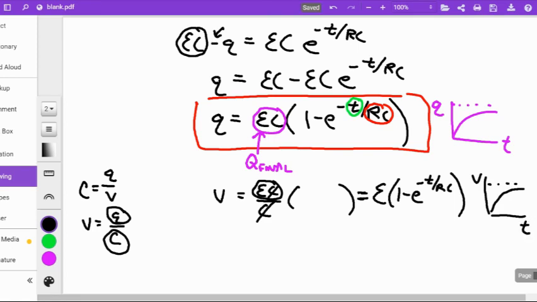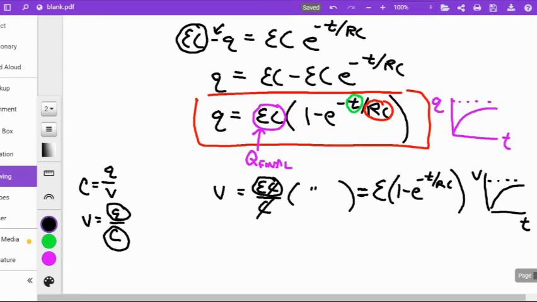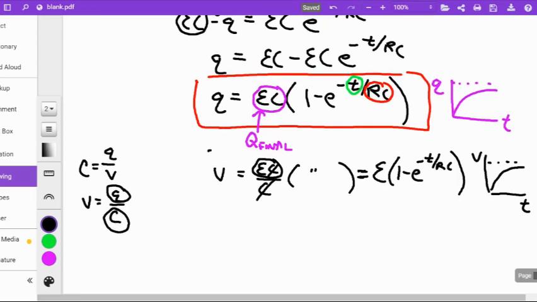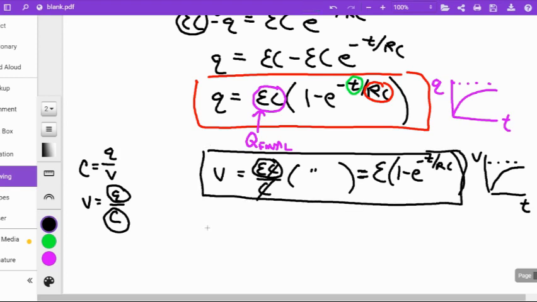Okay, and so just dividing out the capacitance. Okay, so that's a thing. Box it. And the last one, for current. Well, current is actually the derivative of charge with respect to time.